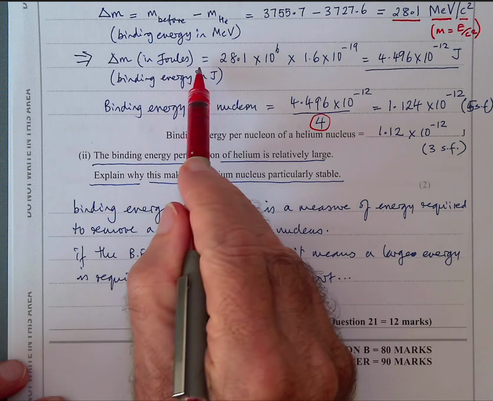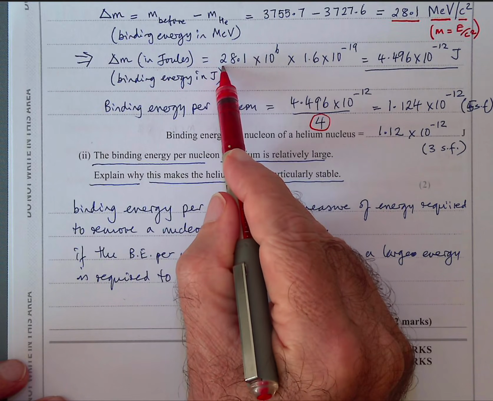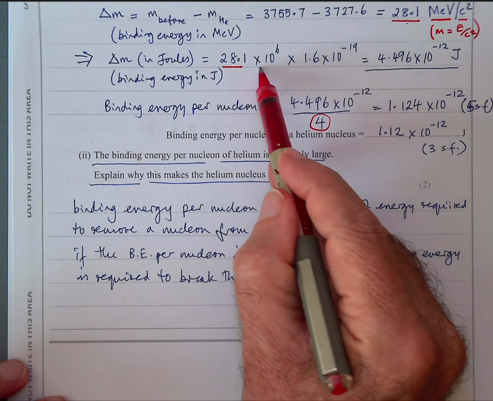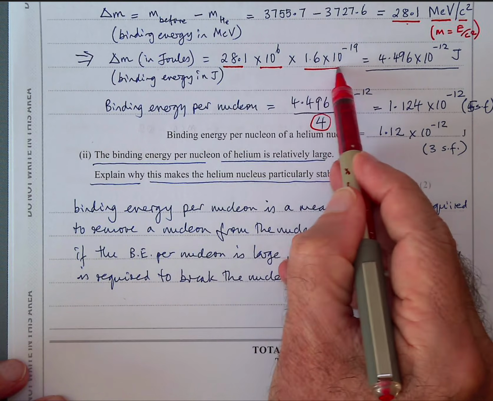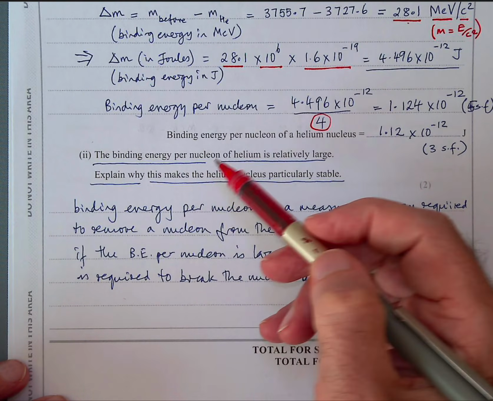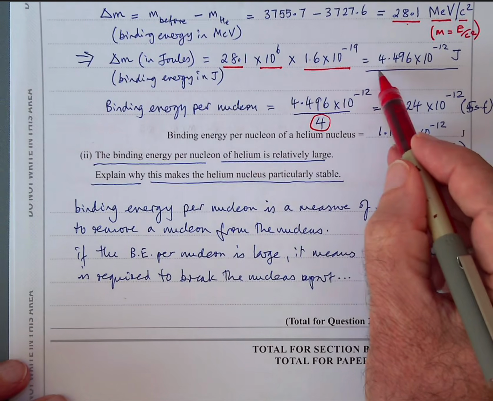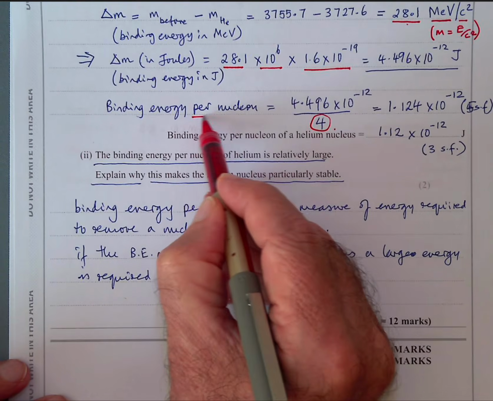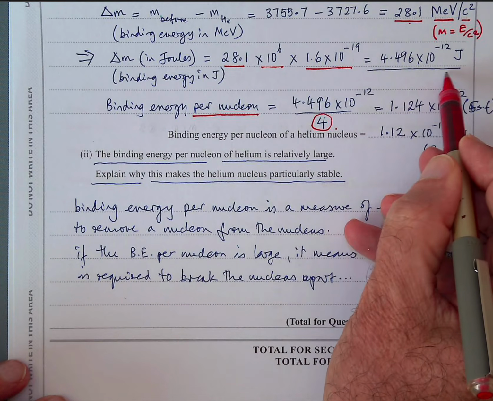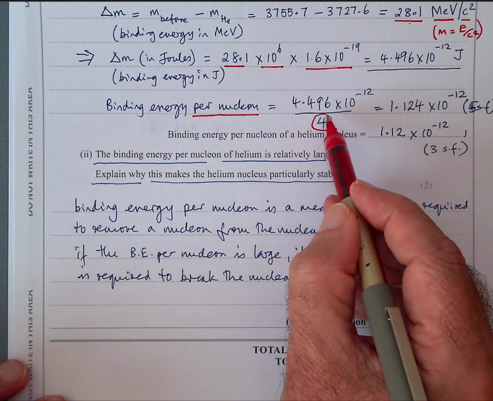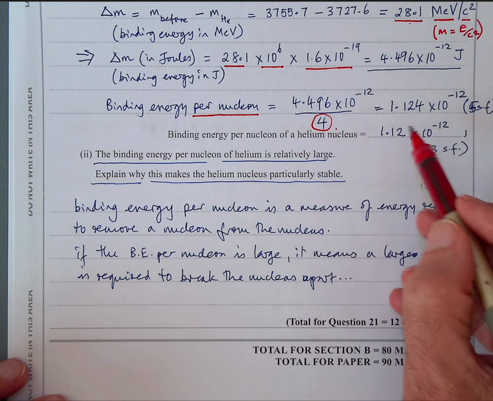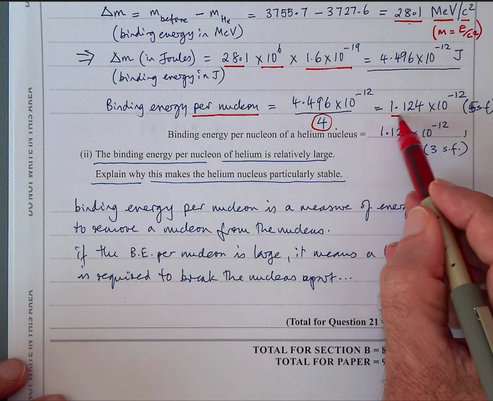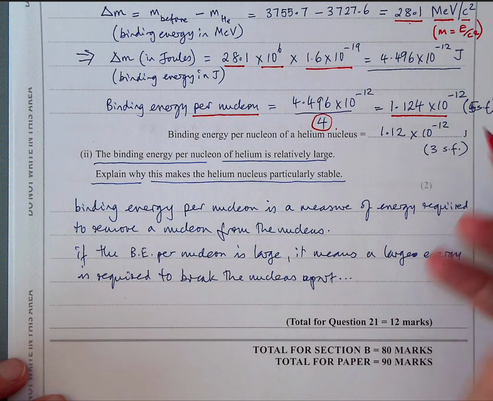So the mass in joules, once we've got mega electron volts, remember it's 28.1 here, but it's mega, so 10 to the 6, converted by the charge of an electron, and it comes out to this value in joules. Once you know that, divide by 4, because you want the binding energy per nucleon. So this is the total binding energy, and the binding energy per nucleon, which is where it would appear on that graph we looked at in the previous question, would be 1.124 times 10 to the minus 12 joules per nucleon.